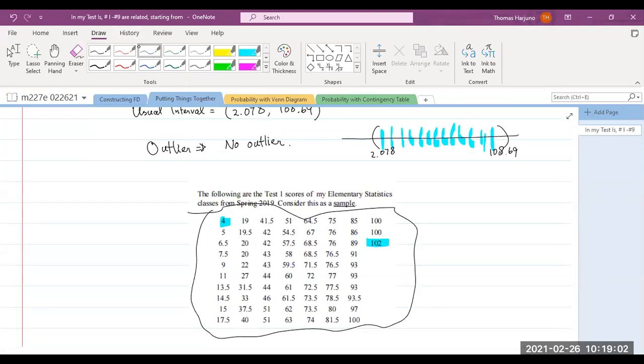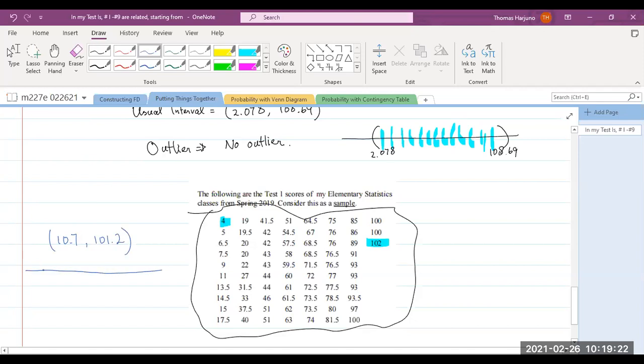Now, suppose we change the usual interval. Let's say the usual interval turns out to be 10.7 to 101.2. Okay, let's say that's the usual interval.